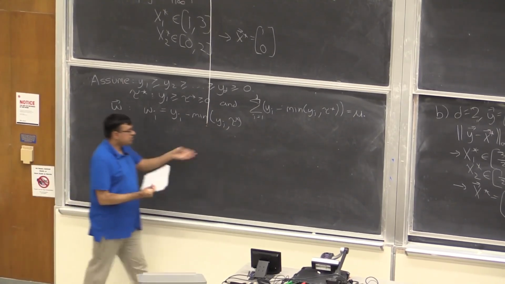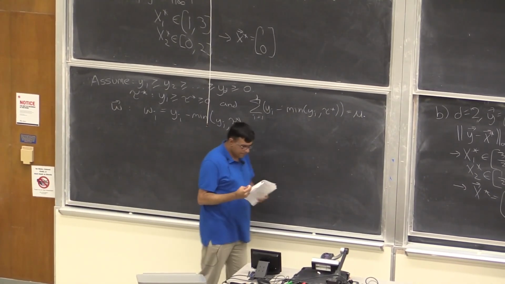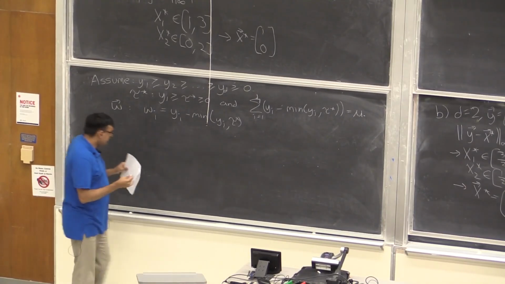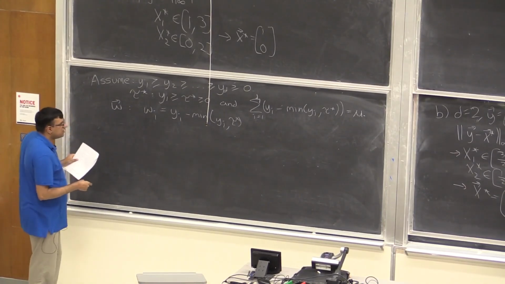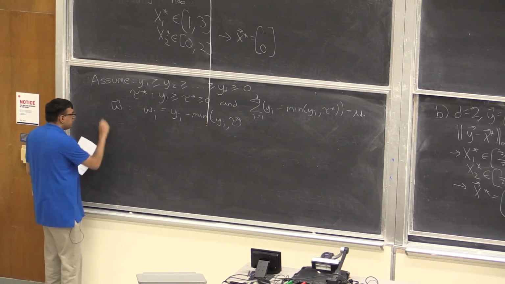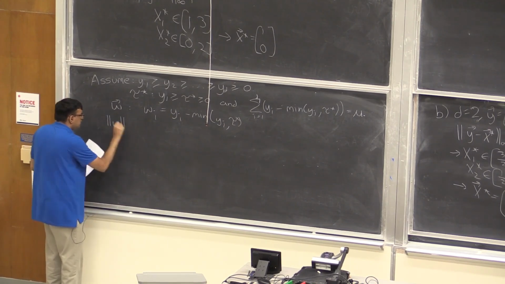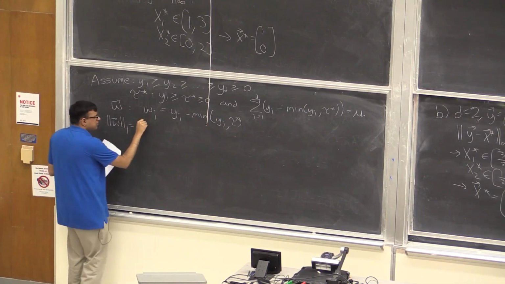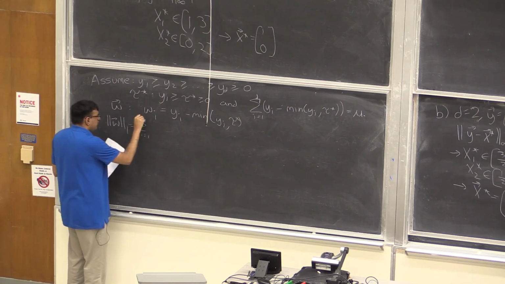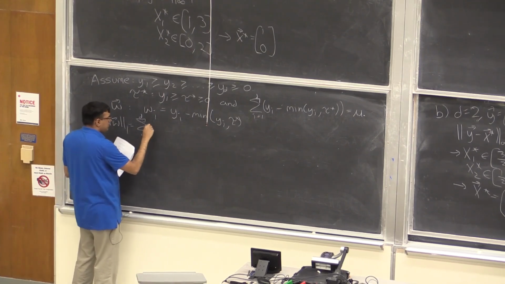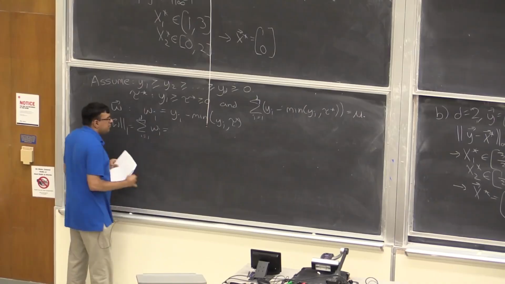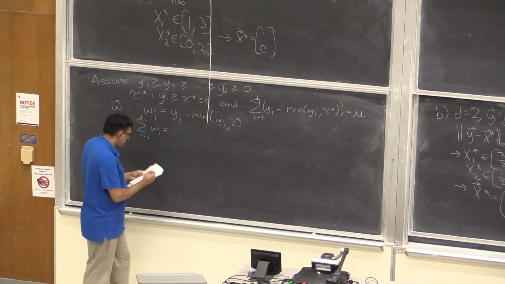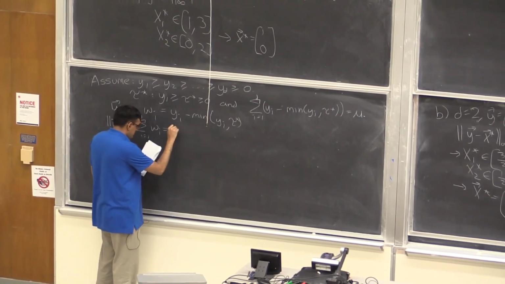Okay, so that means that the sum of the wi's is equal to mu. And in particular, this shows that the L1 norm of w is just equal to the sum from i equals 1 to d of wi. And then by definition, this is equal to mu. Okay, so that's the second part of part C.